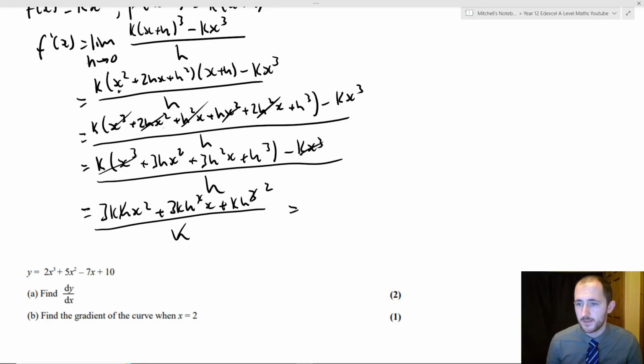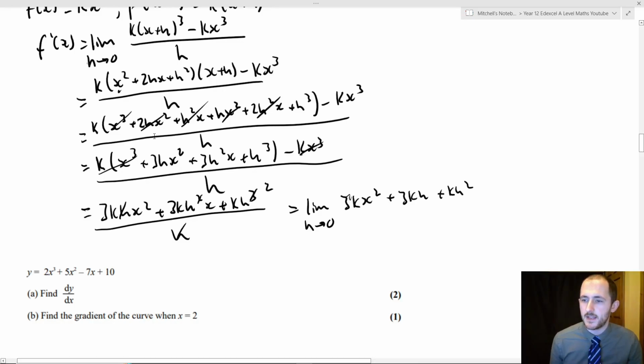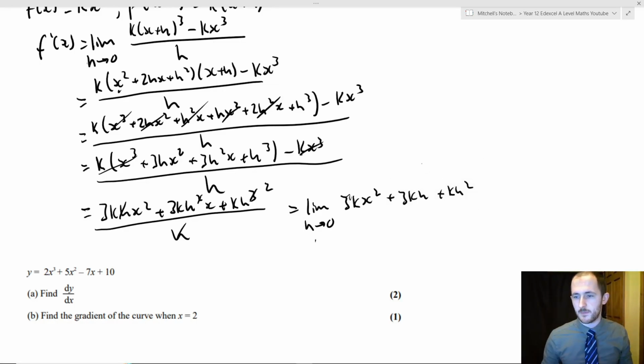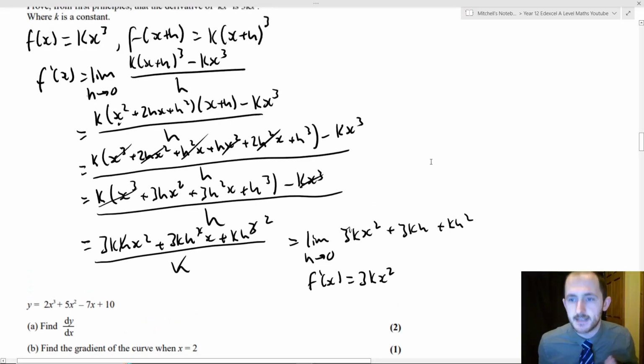And we're left with, finally, as h tends to 0, 3kx squared plus 3kh plus kh squared. And once again, if I take the limit as h tends to 0, these last two terms will go to 0 because we're timesing by a smaller and smaller number. So all we will have when we have f prime of x is simply 3kx squared, as we've done before.